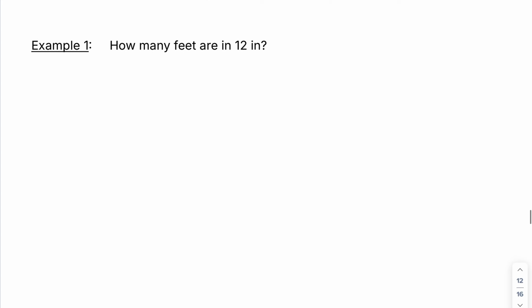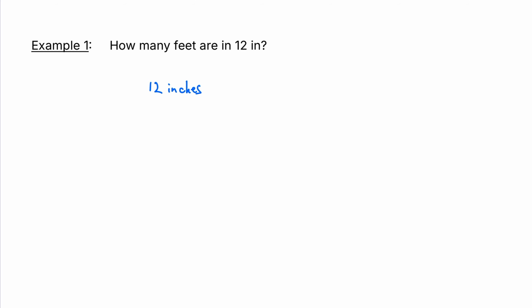Okay, so first question is, how many feet are in 12 inches? Now, many of you will automatically know the answer without doing the calculation, but I want to show you something that you already know the answer to and walk you through the calculation. Okay, so the first thing you're going to do is start with what is given to you. So we have 12 inches.